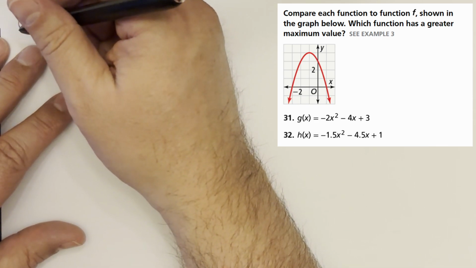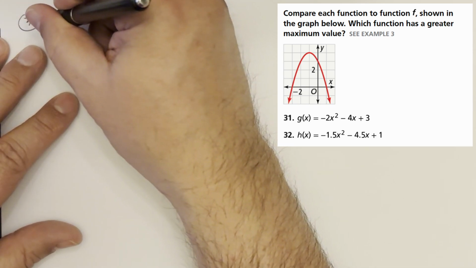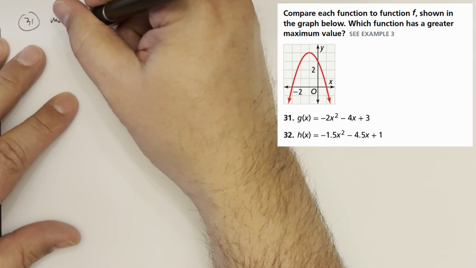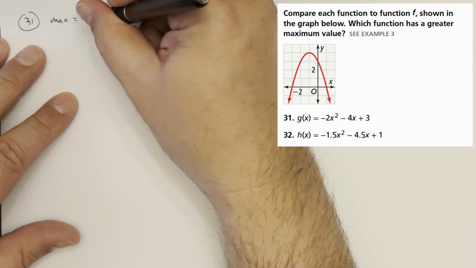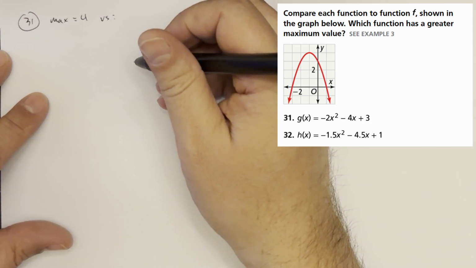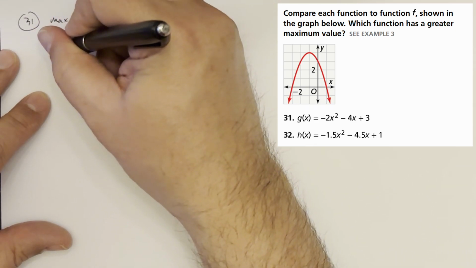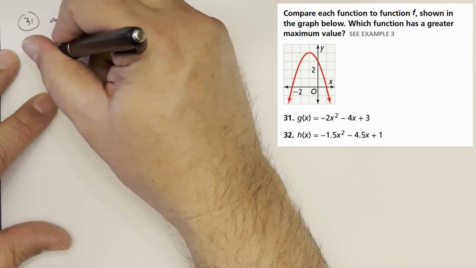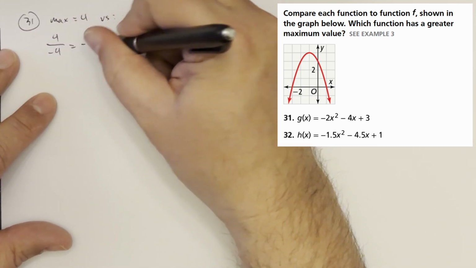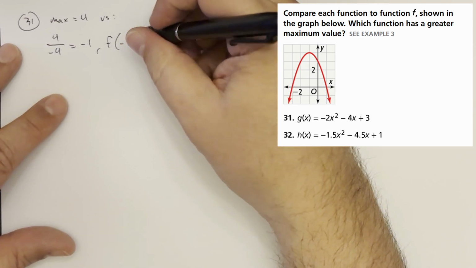All right, 31 and 32, same sort of deal as the last two, except this time we're finding the greater maximum. So the maximum here we can see at negative 1, 4. So that's our maximum, is at a height of 4. What is our maximum of negative 2x squared minus 4x plus 3? So find the axis of symmetry, negative b over 2a.